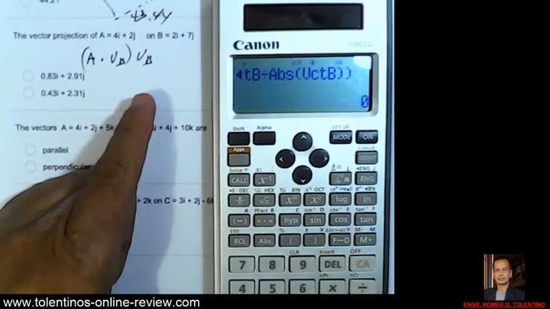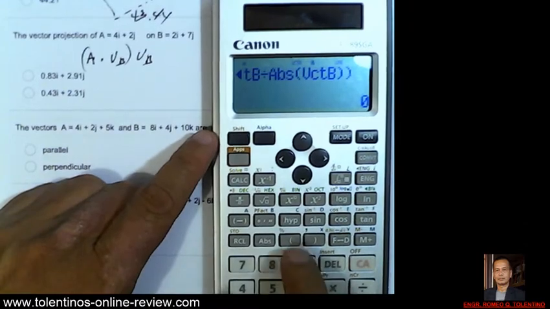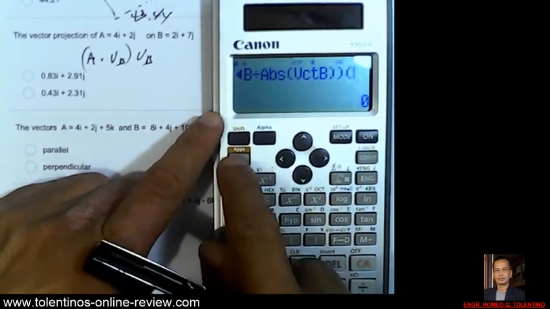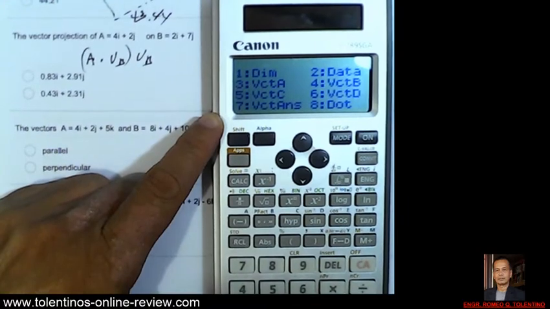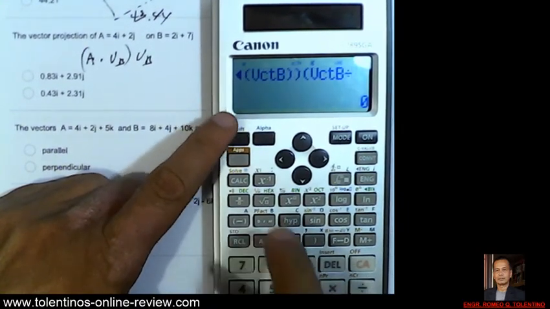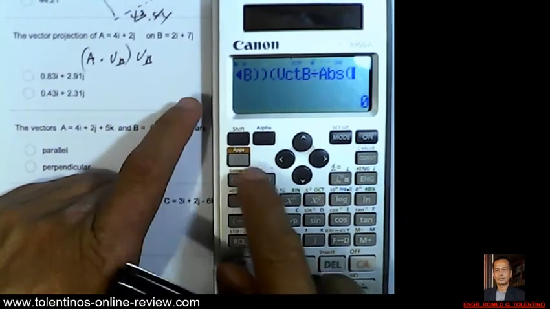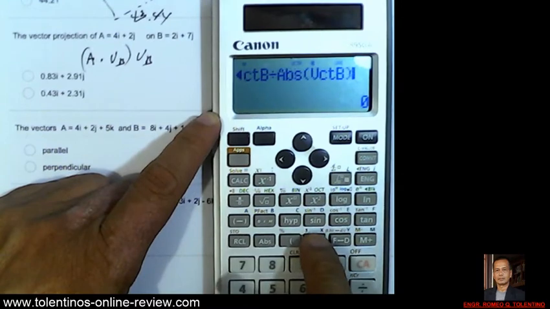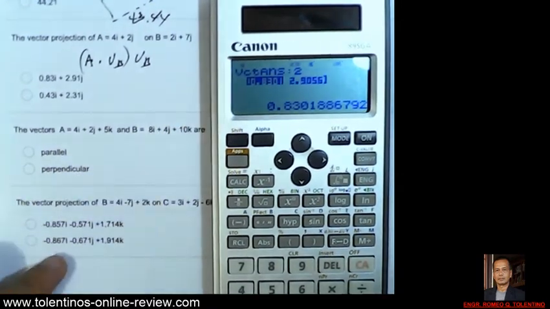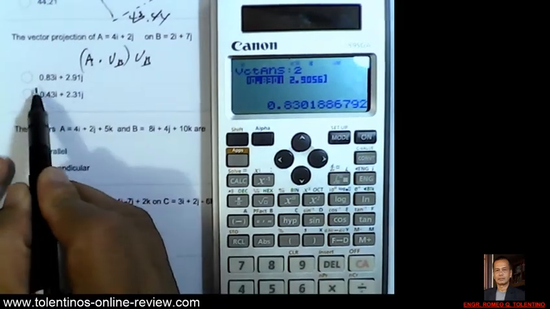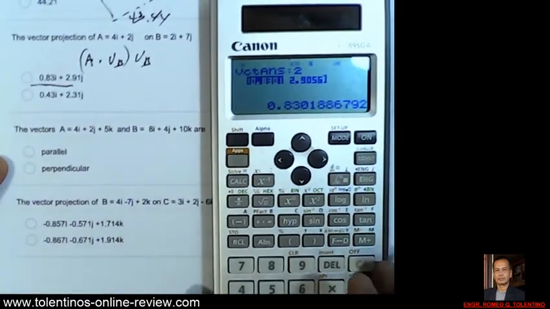Okay, multiplied now, parenthesis na lang, times unit vector B is shift apps vector B 4 divided by the absolute value of shift apps 4 vector B. Okay, so ito ngayon, the answer is 0.83 at saka 2.91.